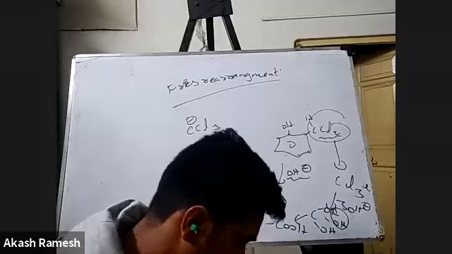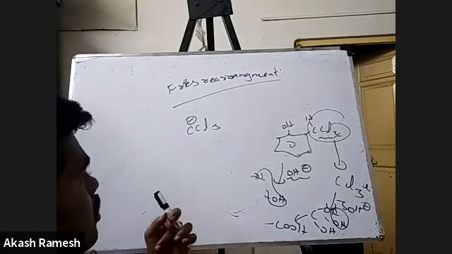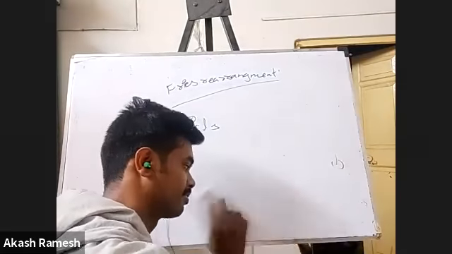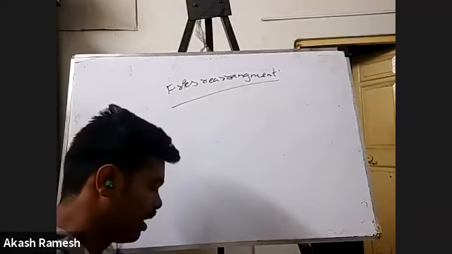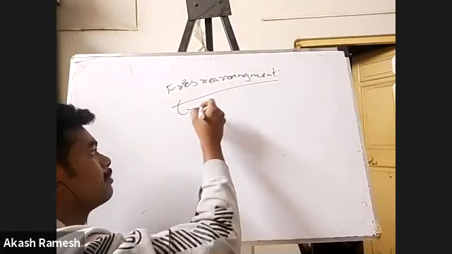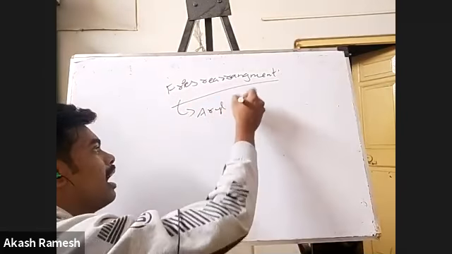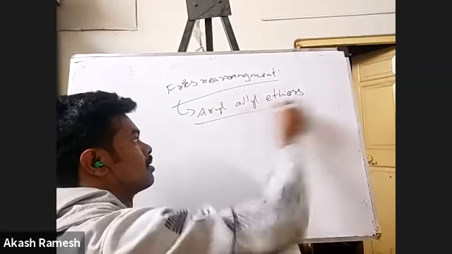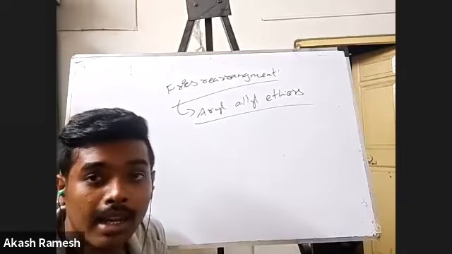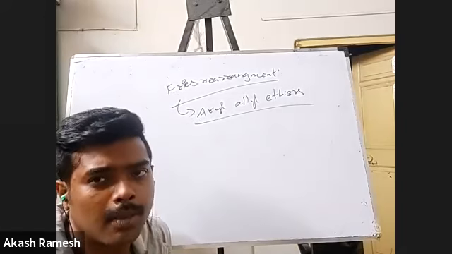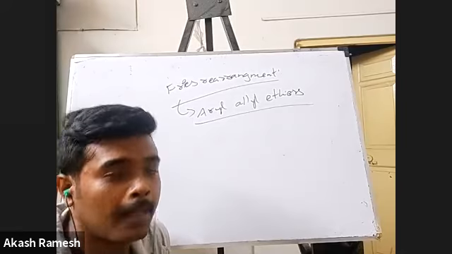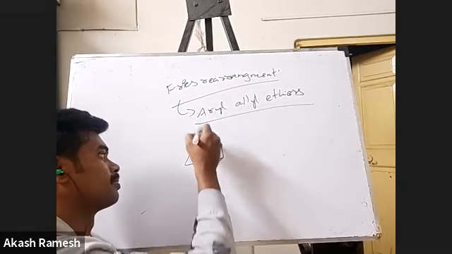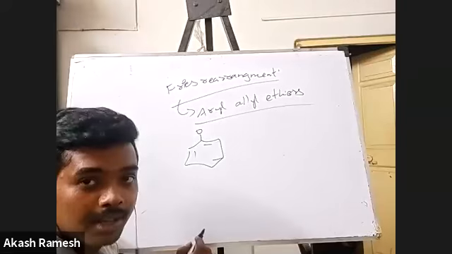Okay, right? Fine. So Fries rearrangement, right? So this is given by aryl allyl ethers. Okay, aryl allyl ethers. Okay, I think from the name itself you'll be able to understand what exactly is happening, right? So I am going to have an oxygen attached to the benzene ring, right?